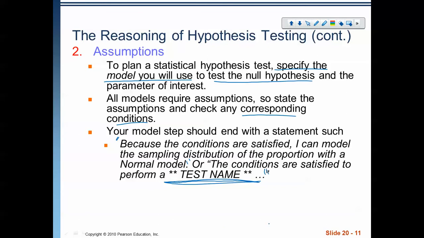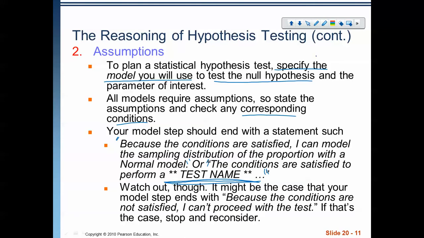This is not a wrong way to write the first one, but it is definitely a lot more complex. All you really need to say is that the conditions are satisfied to perform this test, okay? And we'll name this test here in a minute.